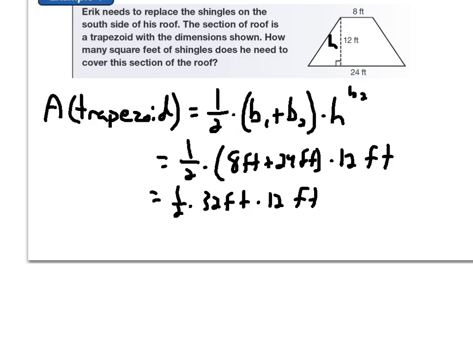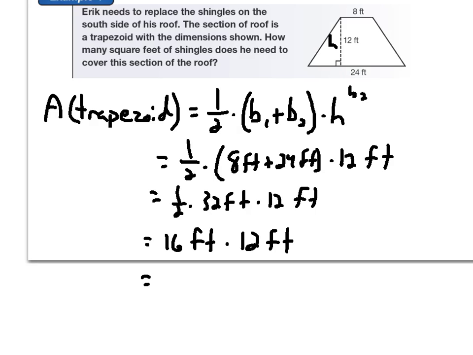Since it does, I'm going to multiply these two first and ask myself, what is half of 32? Or I could ask what's half of 12, whichever is easiest. Half of 32 is 16 feet, times 12 feet.